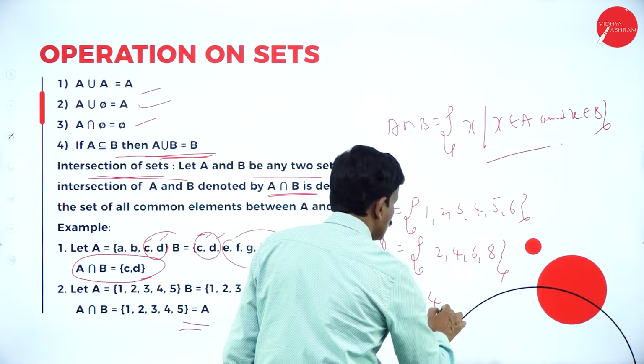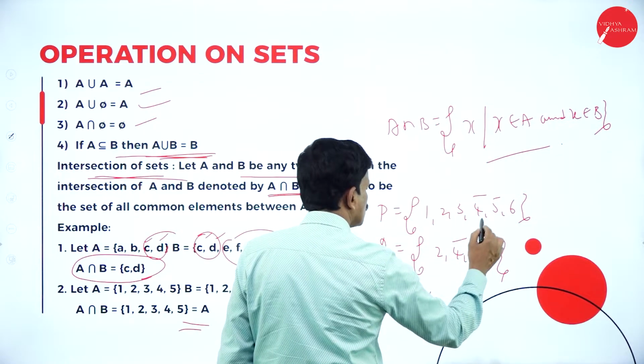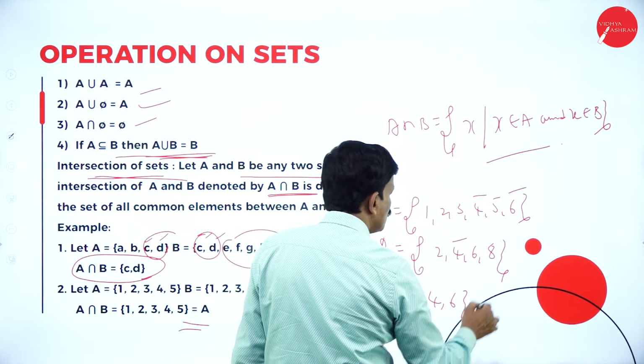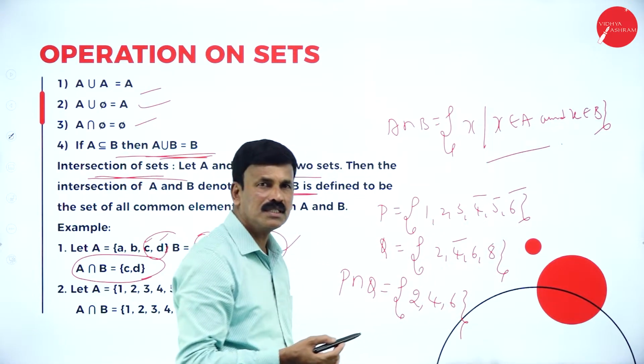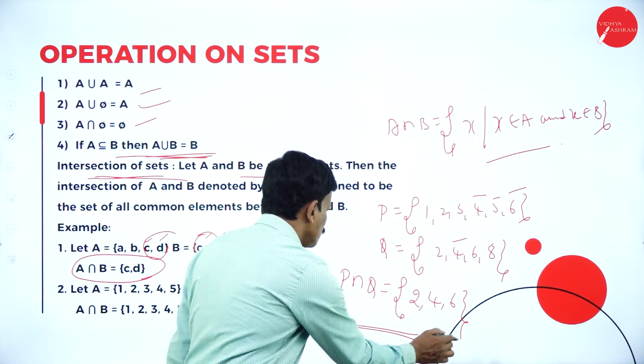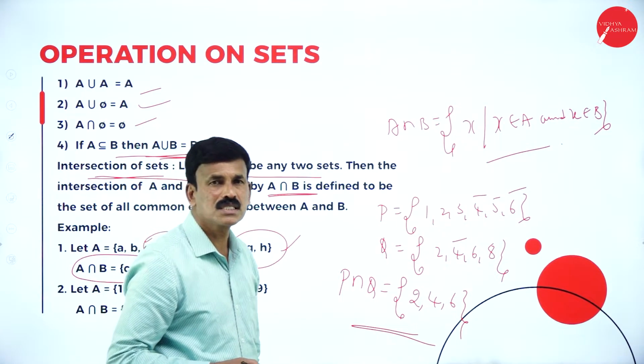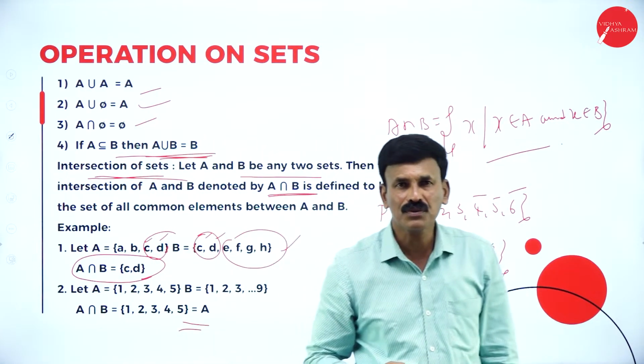We can take 4, since 4 is in set P as well as in set Q. And again 6 is in set P and set Q, but 8 is in set Q but not in P. So therefore P ∩ Q = {2, 4, 6}. This is called the intersection of two sets.